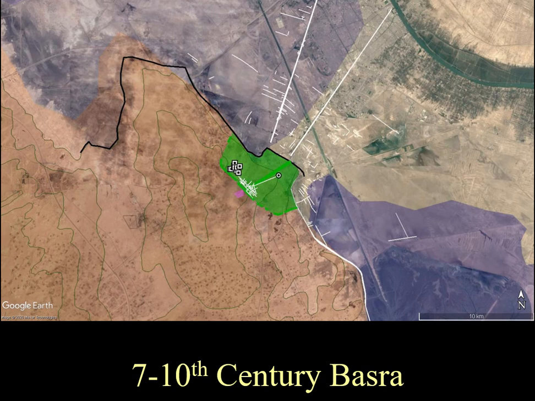When this army then conquered most of Iran, especially the wealthy province of Khorasan, that wealth would have been pouring into Basra as well. So this would have been one of the wealthiest parts of the world, right here in this city. It would have been very important.